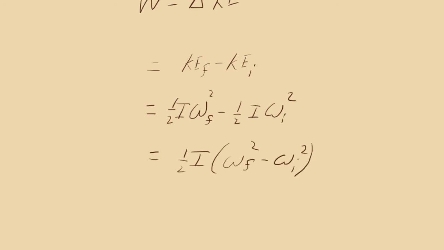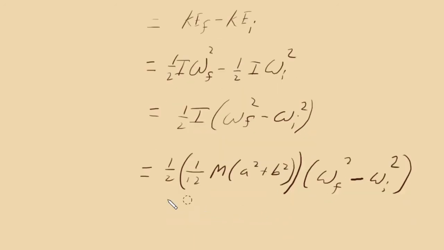And we could simplify this somewhat by pulling out the moment of inertia in front and the 1/2. The moment of inertia of this board isn't changing throughout the process. All it's doing is speeding up. We're not changing its mass or where the axis of rotation is.